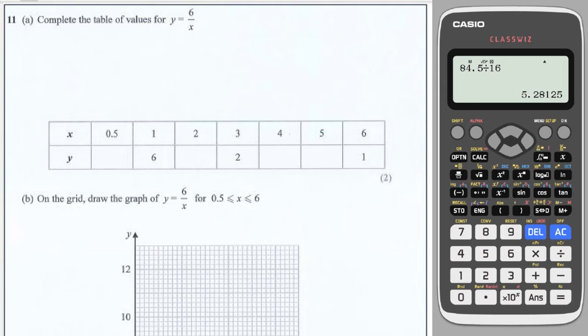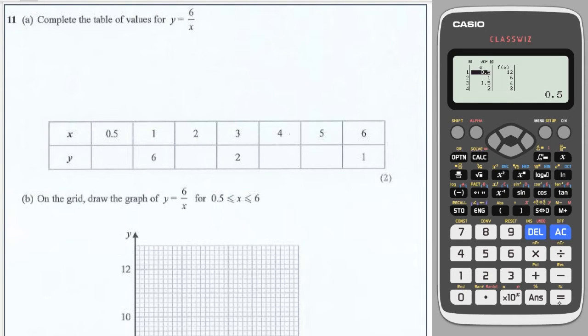Okay, let's rinse the calculator for this one. Menu, table, function is 6 over alpha x equals, don't need the second function, start at 0.5, end at 6, and let's go up in 0.5s, I guess, not ideal.